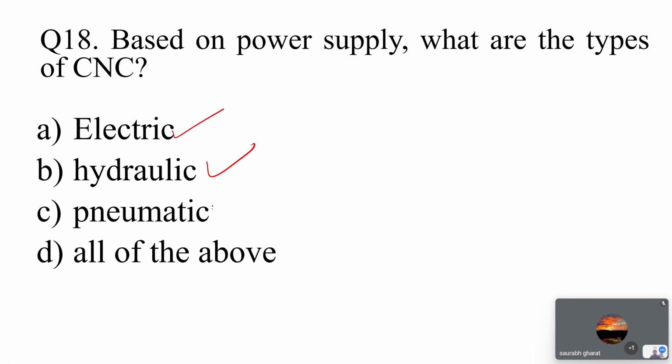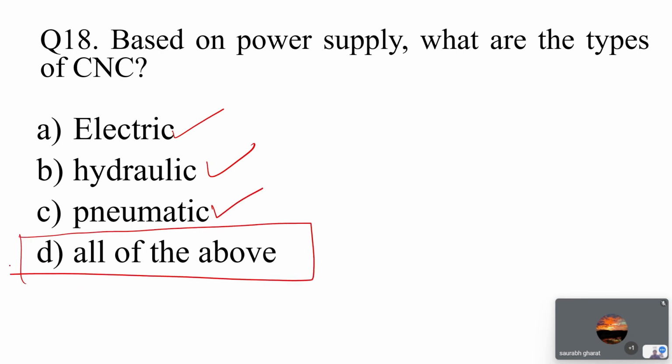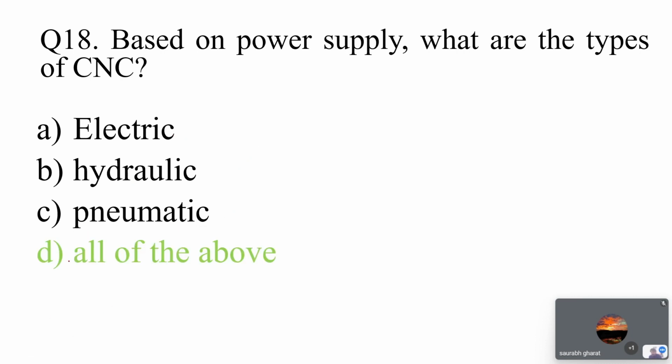Hydraulic, pneumatic. Okay, so all of these are correct. So all of the above will be the correct answer. In the slides it is mentioned that electric, hydraulic, pneumatic, all of them are correct. So all of the types are used as a source.